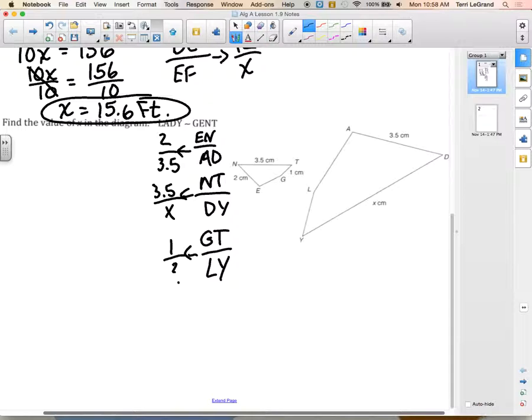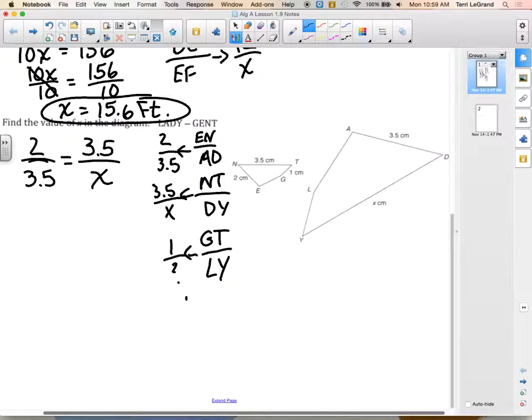So in reality, the only two that are useful are those top two, aren't they? Yeah, we have to use those two, because we didn't know what LY was either, so we couldn't use it. We can't have two unknowns. So we're going to do 2 over 3.5 is equal to 3.5 over x. Those are the two we're going to have to use.